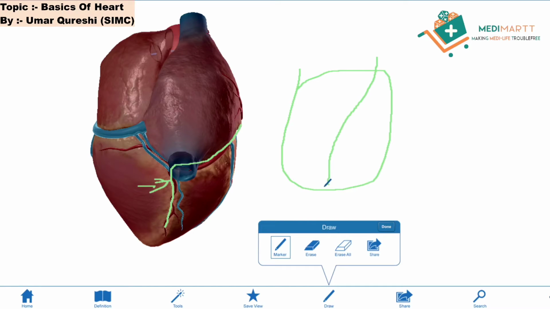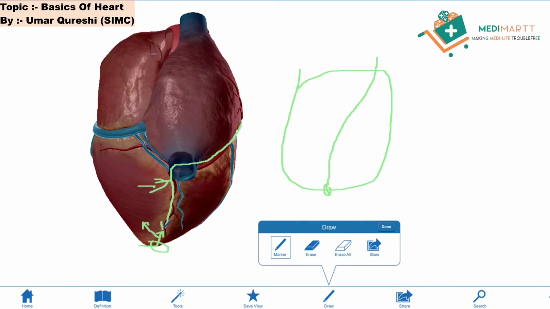It was meeting at the inferior border of the heart and coming to the back side. So it was the anterior interventricular branch of the left coronary artery.